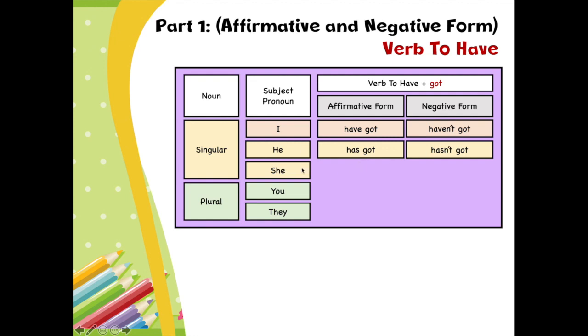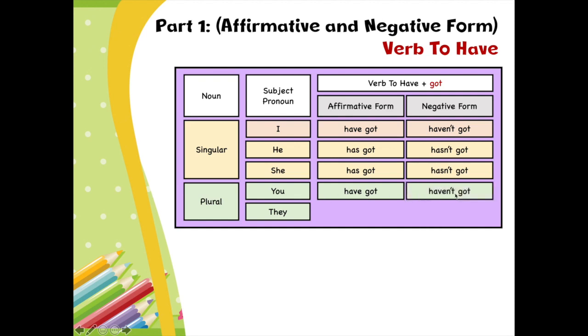Next, for the plural subject pronouns you and they, use the same affirmative and negative form. So for you, have got, and the negative form for you is haven't got, and they have got, and the negative form for they is haven't got.